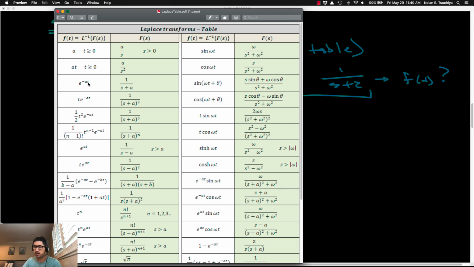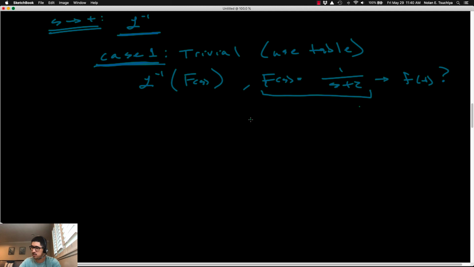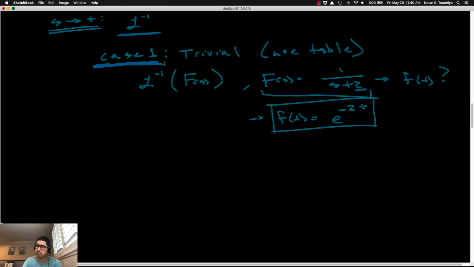There's no math to show. You just use the table. So in one step, I can say that little f of t is equal to e to the minus 2t. That's the trivial case, the ideal scenario. We would love for all of our cases to be case 1 because then you could just use the Laplace table.